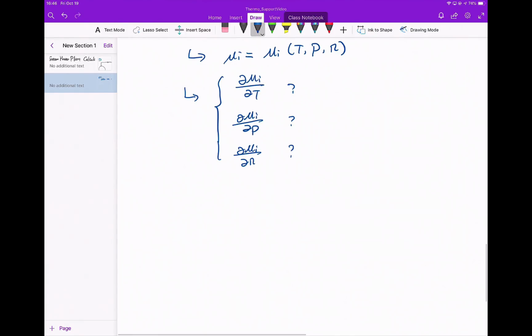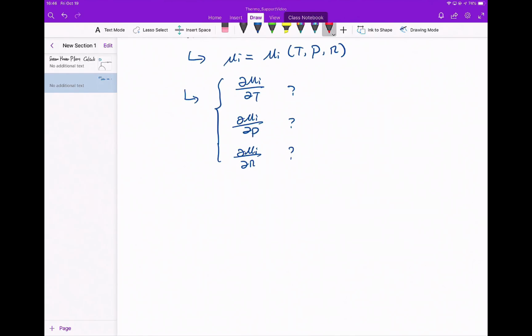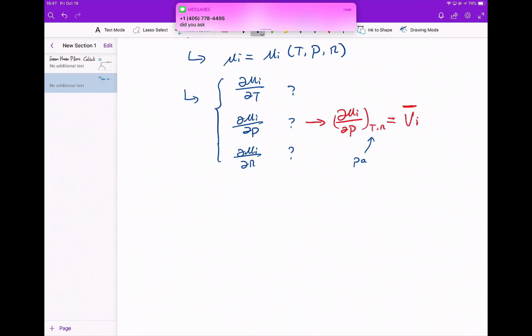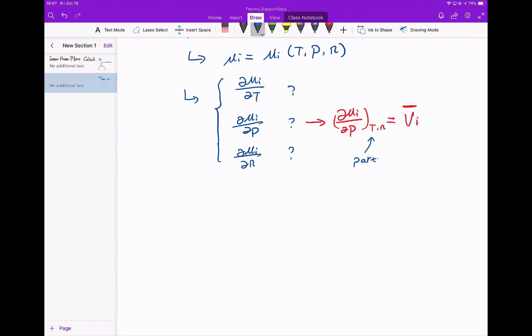There we received a quite useful equation by looking at this. We figured out and proved, by switching the order of derivatives, that this is Vi, partial molar volume.